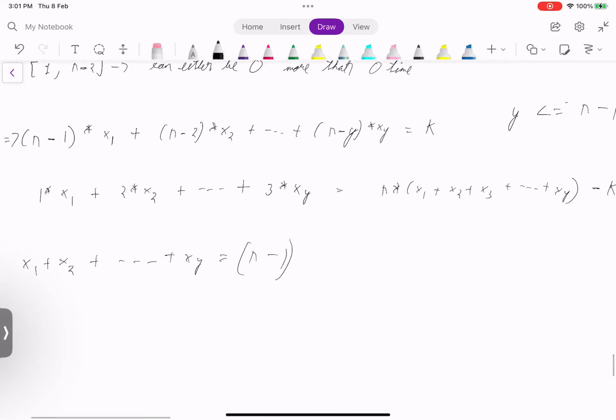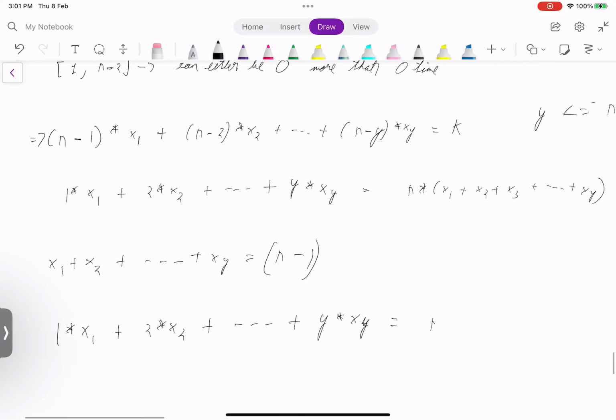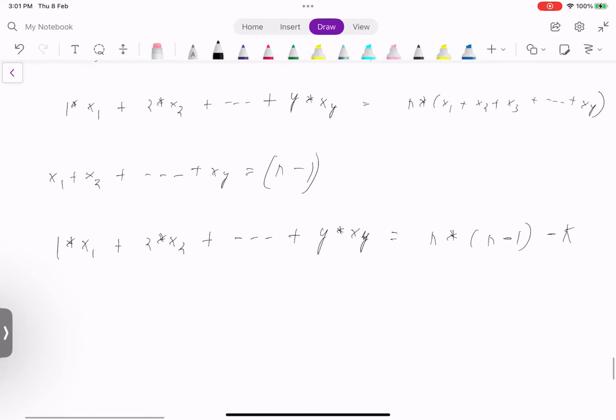So from this, if we just formulate it, we get 2 into x2 plus 3 into x3 plus so on plus y into xy. And we don't know what is the y. This will be equal to n into n minus 1 minus k minus (n minus 1).